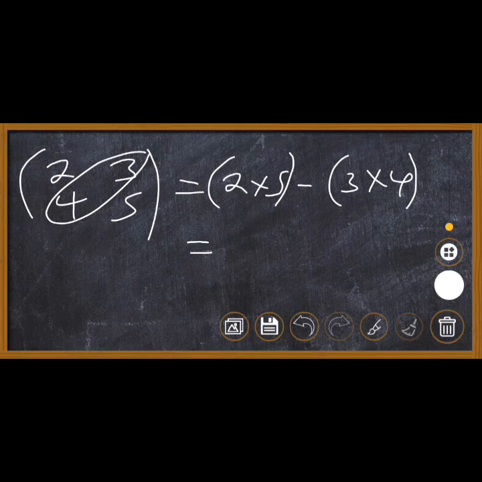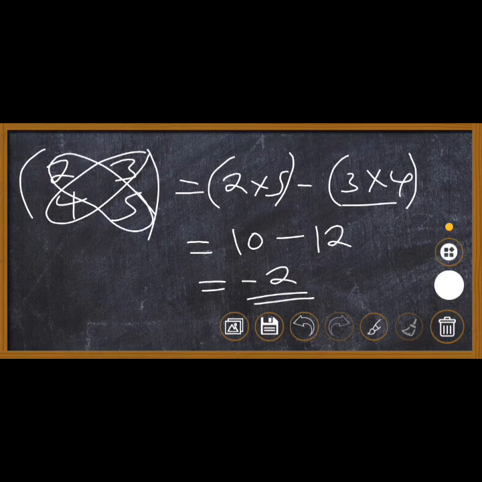So 2 multiplied by 5 is 10, and then subtract 3 multiplied by 4, which is 12. Then 10 minus 12, we are going to have negative 2. So this is our determinant. This is how we find the determinant: you multiply the major diagonal and then subtract the multiplication of the minor diagonal.